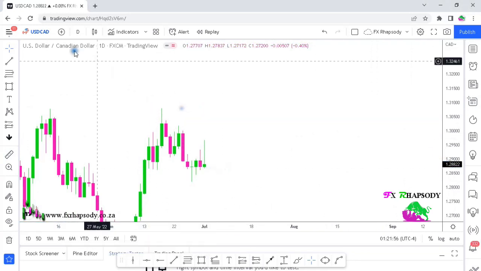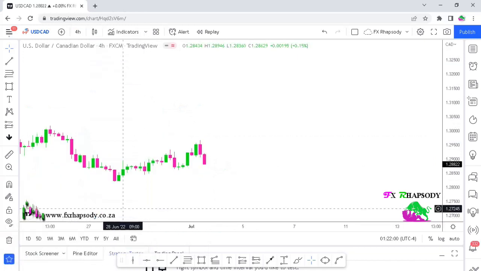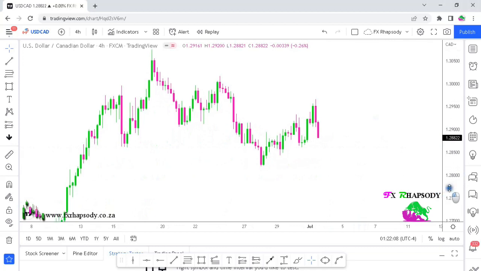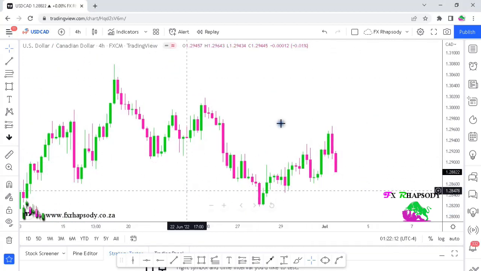So looking at the 4 hour time frame. Okay, I'm just going to zoom in a little bit more. There we can see a little bit clearer. On a 4 hourly time frame, we see all these ups and downs.